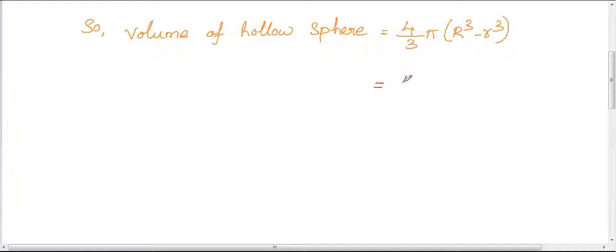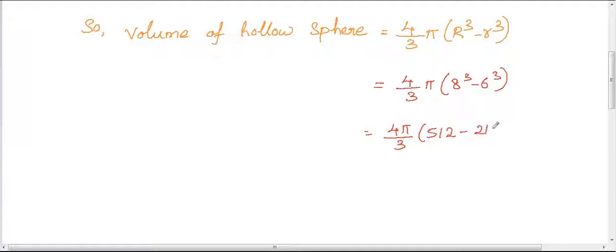So 4 by 3 into pi, capital R is 8 cube minus small r is 6 cube. So which is 4 pi by 3, 8 cube is 512, and 6 cube is 216.